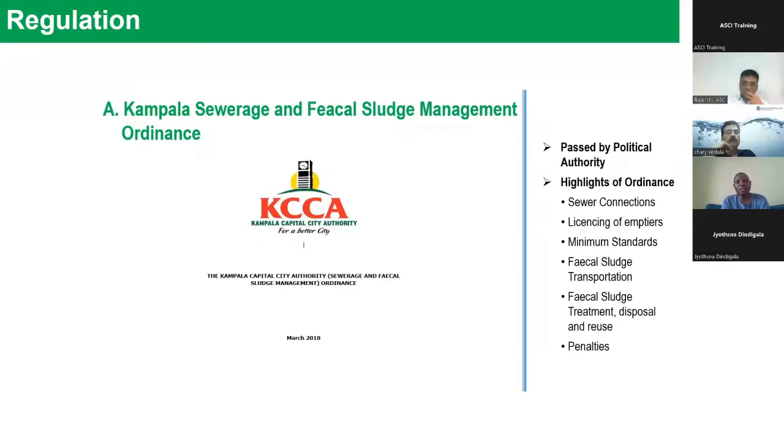So the next part, as I mentioned, we also needed a locally specific regulatory instrument. That's how we came up with the Sewage and Fecal Sludge Management Ordinance, covering both sewer services and fecal sludge along the entire chain.